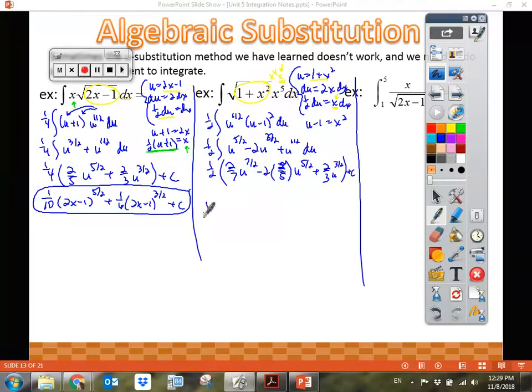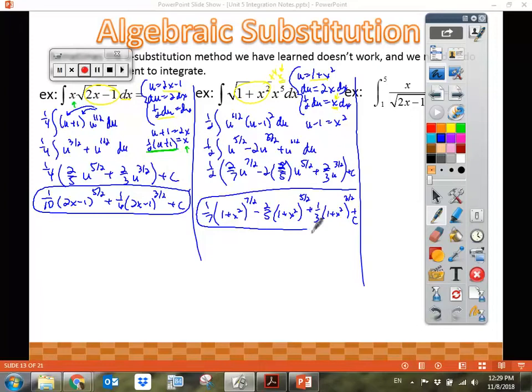So I get 1/7 times 1 plus x squared to the 7/2 minus, and multiply all that together, I get 2/5 times 1 plus x squared to the 5/2 plus, then we get 1/3 times 1 plus x squared to the 3/2, plus c. And we got our plus c. Okay, so that is our second algebraic substitution.